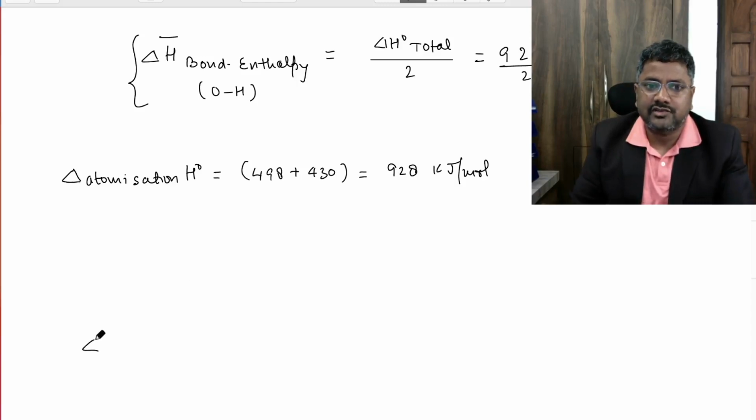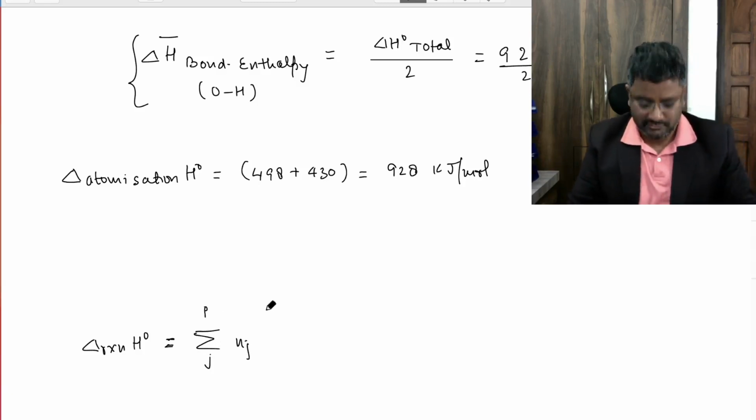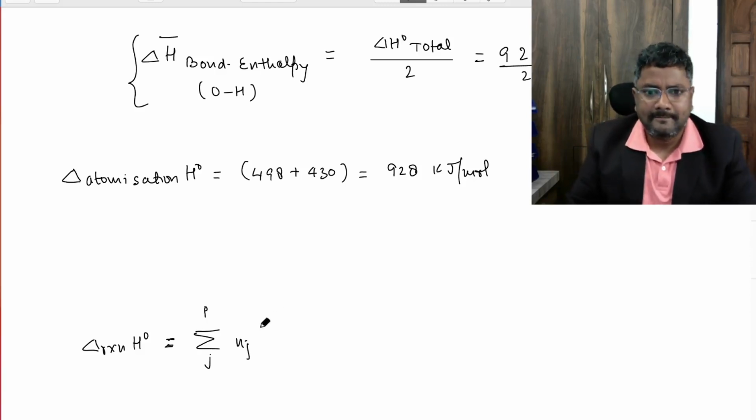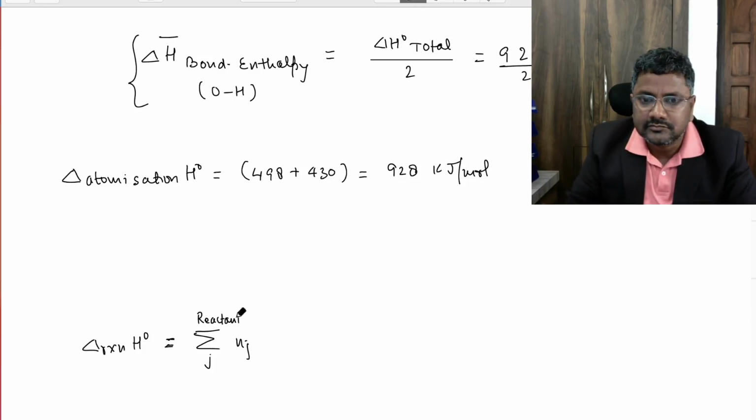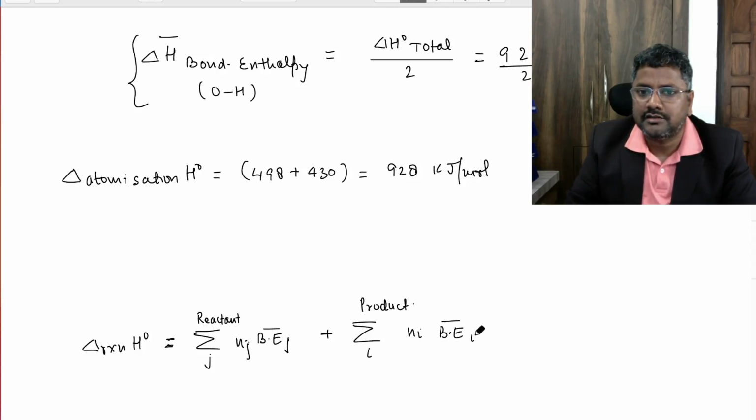So enthalpy of any reaction, delta H naught is equal to sigma of Nj times the average bond energy of J, where J is the reactant, plus sigma of Ni times the bond energy of I, where I is the product.